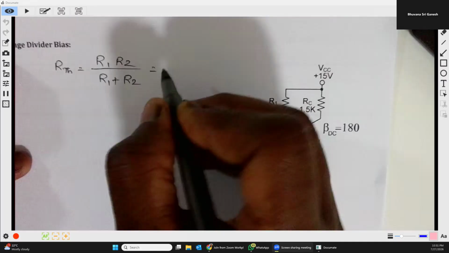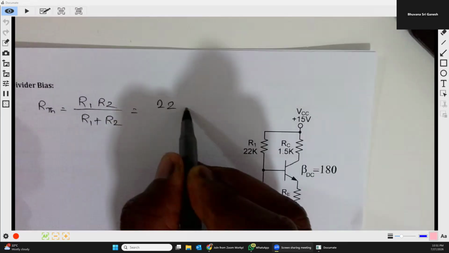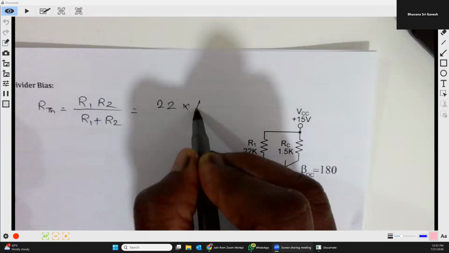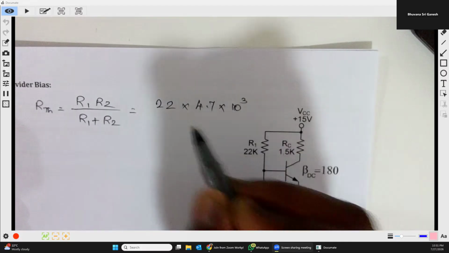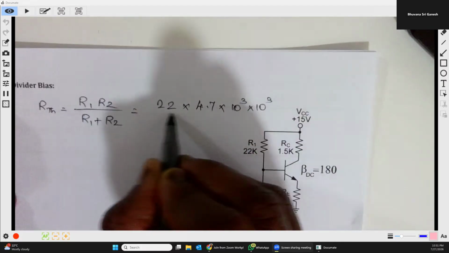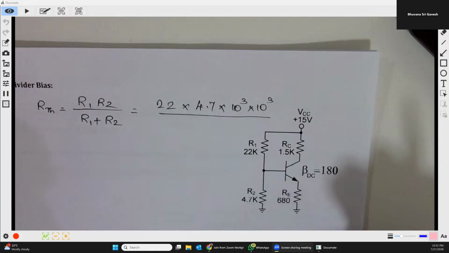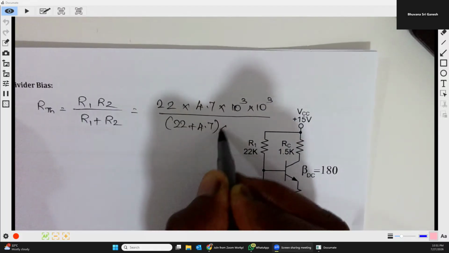So 22 times 4.7, both are kilo, so 10 power 3 times 10 power 3 is 10 power 6 in the numerator, and in the denominator R1 plus R2, so 22 plus 4.7 times 10 power 3 only.